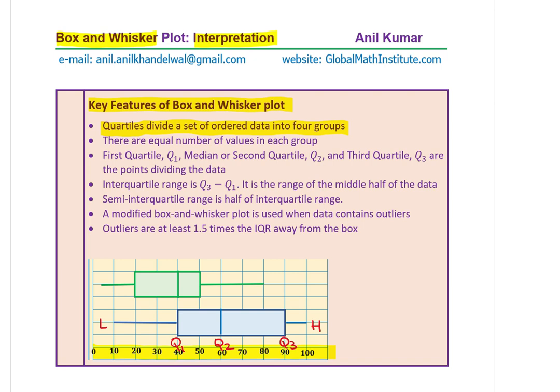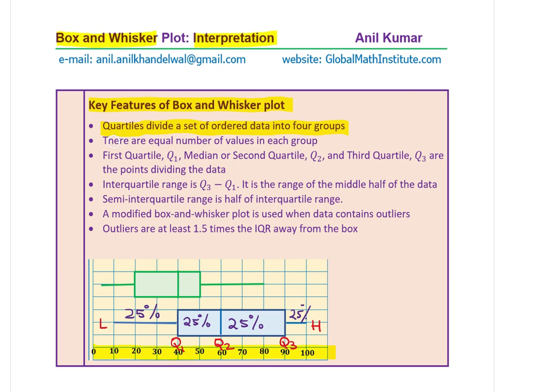These three quartiles divide the whole data into equal parts. That is to say, in the first quartile, from the lowest value to Q1, we have 25% of the data. In the second quartile also, we have 25% of the data. So there is 25% data in each quartile.